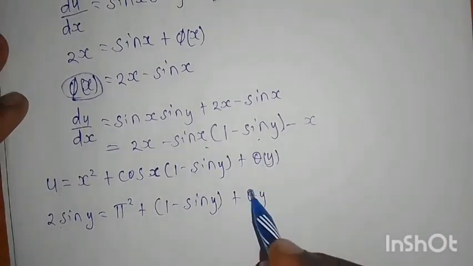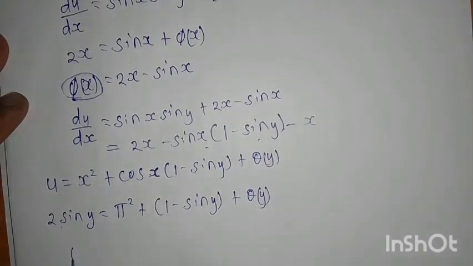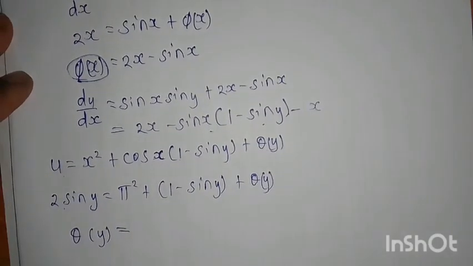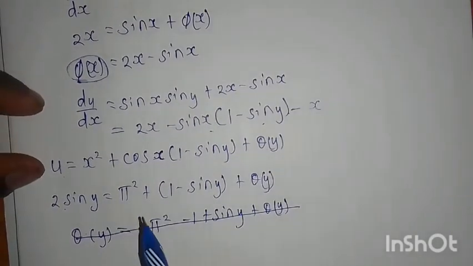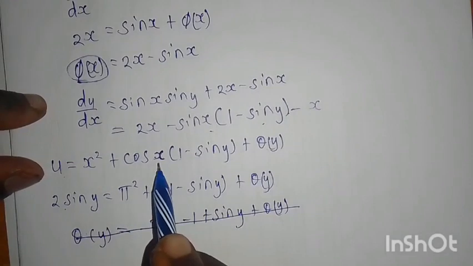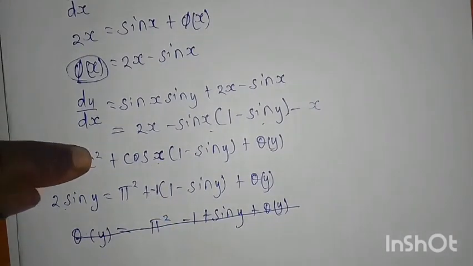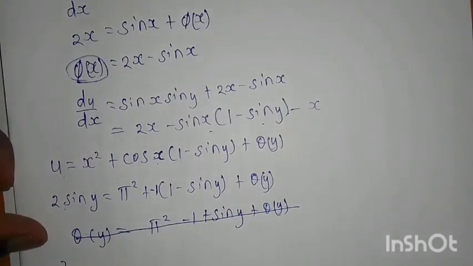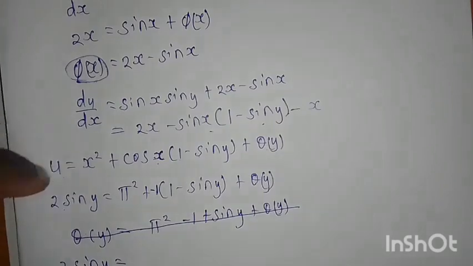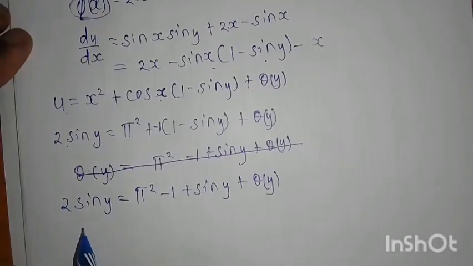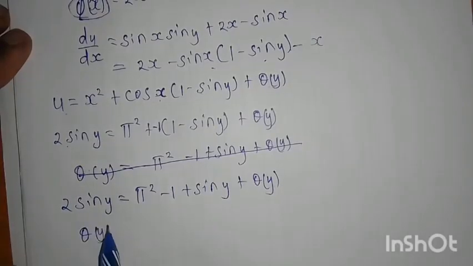So we want to find what this function of y is. You should remember that the cosine of x, which is pi, will be negative 1. So here our equation becomes the following, expressing this function of y.